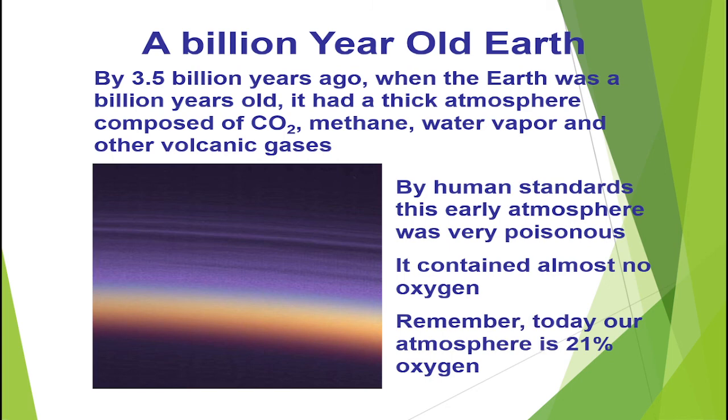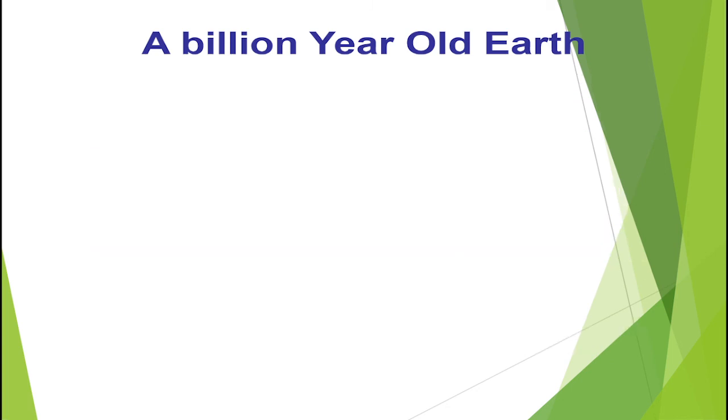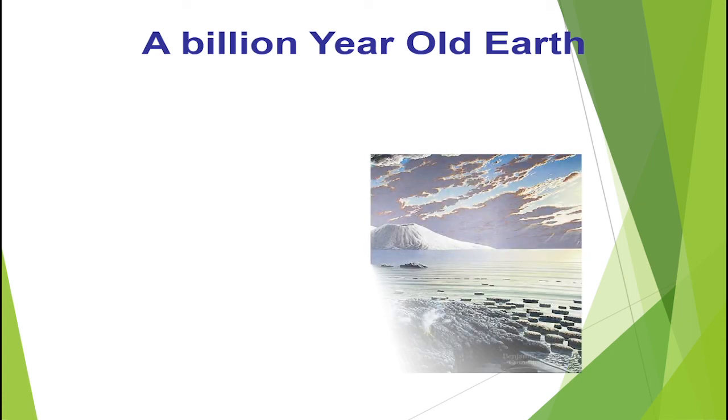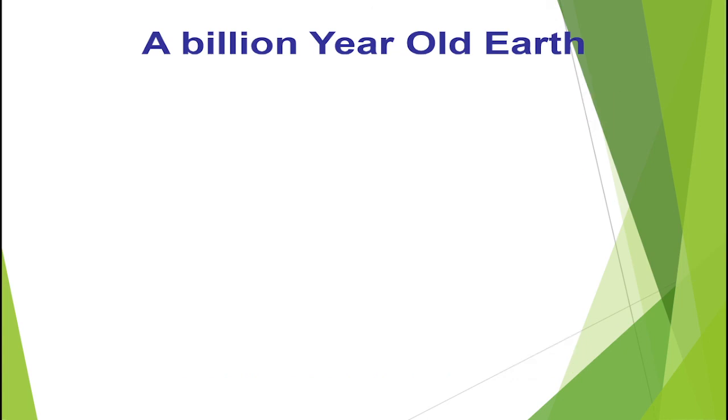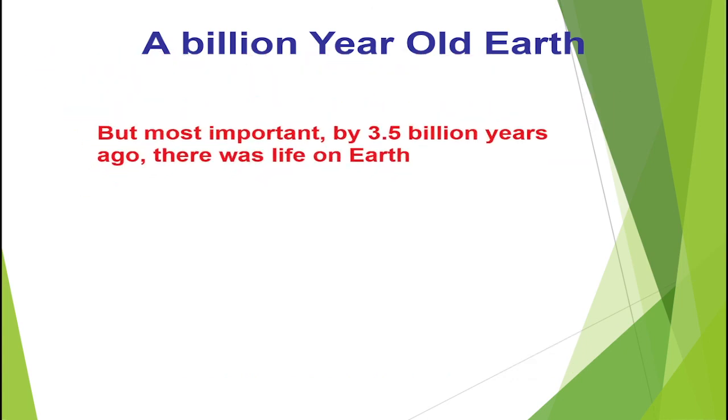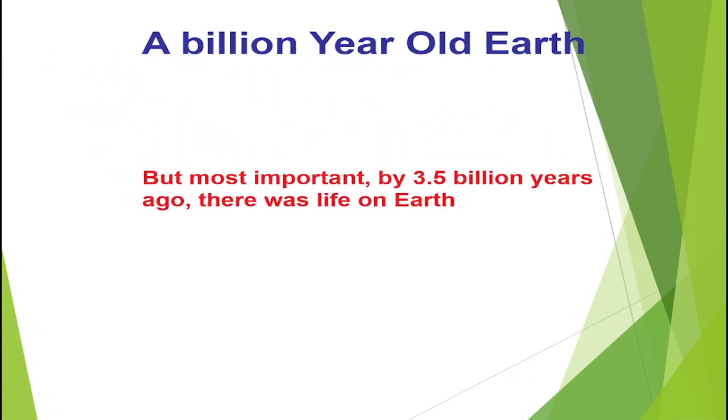Remember, today our atmosphere is 21% oxygen. By 3.5 billion years ago, the Earth also had extensive oceans and seas of salt water, which contained many dissolved elements, such as iron. But most importantly, by 3.5 billion years ago, there was life on Earth.